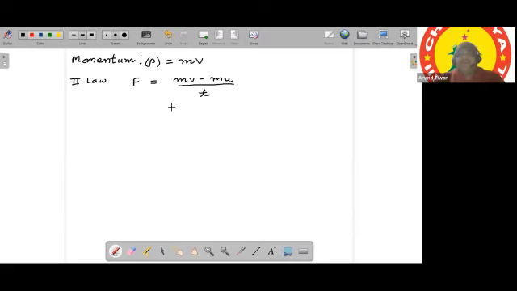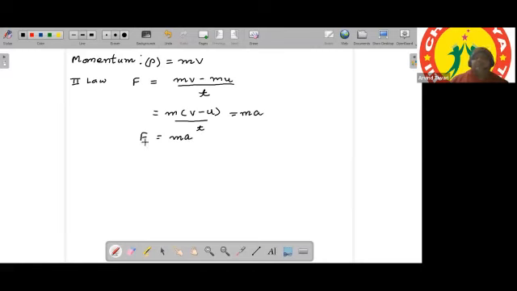Now the second law of motion is the real law of motion. From here, if you take mass common, you have mass times v minus u over t. So v minus u over t is your acceleration, and hence you can write it as mass times acceleration. That is why you also have the formula force is equal to mass times acceleration.